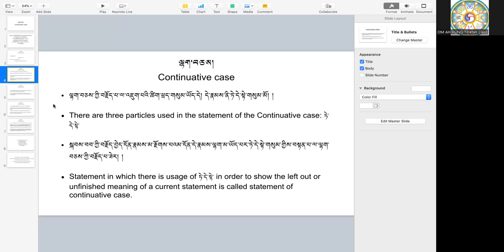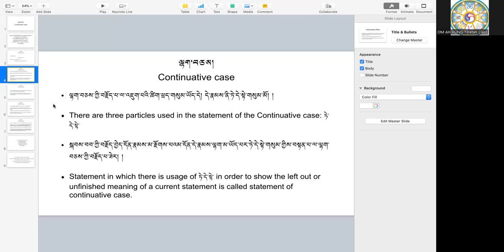Therefore, the general definition of the continuative case is that it's a statement in which there is usage of the particles of the continuative case, and the usage is done in order to show the left out or unfinished meaning of a current statement.